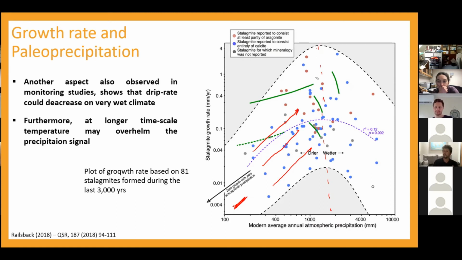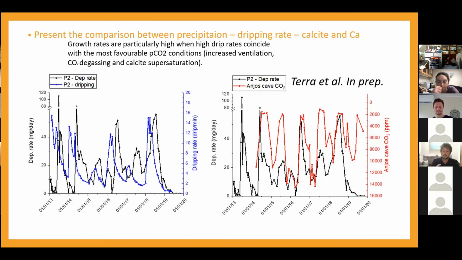It's not possible to see it, even in a monitoring experiment, as in the speleothem archive as a whole. However, as I said, the relationship between dripping rate and speleothem growth, through calcite precipitation, could work when a high growth rate coincides with favorable conditions of PCO2.